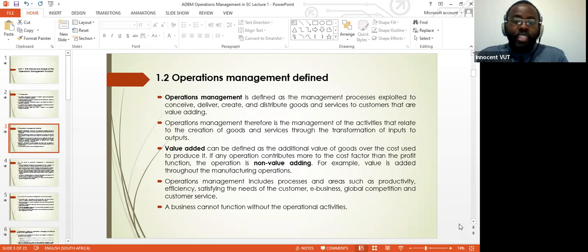We all know that businesses cannot function without operational activities. It might be a manufacturing business, it might be a service business. It needs operational activities to function. So it is important to know what operations management is about.